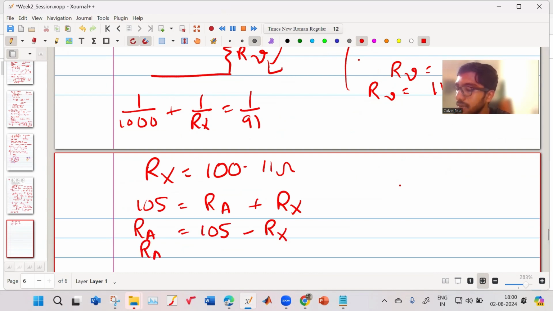So what is my Ra? You guys should be able to tell me this at least. Please have your calculators with you and please solve and tell me what will be Ra.